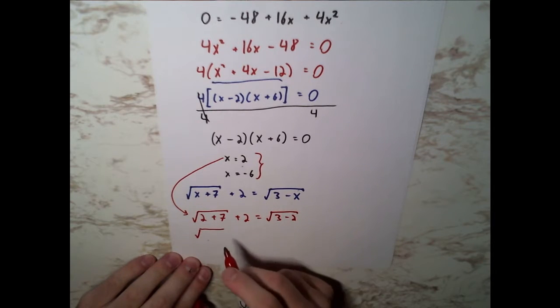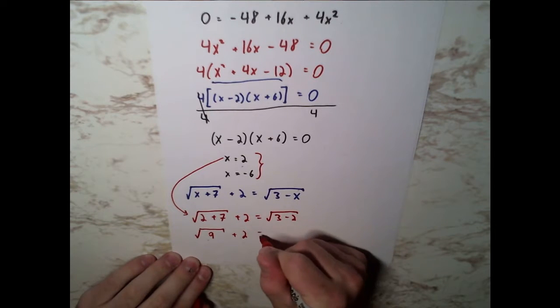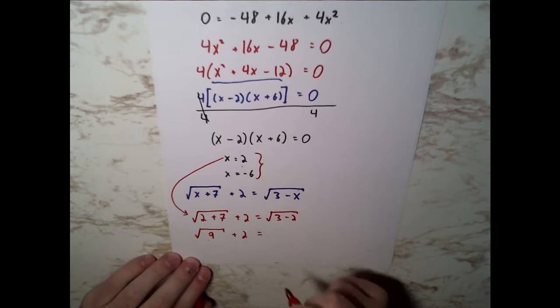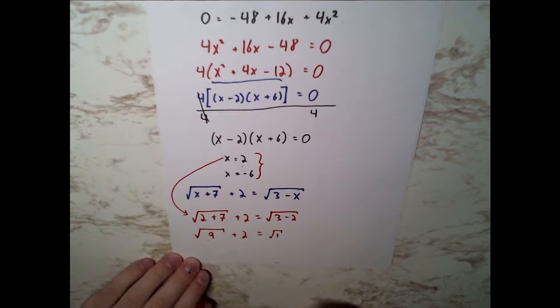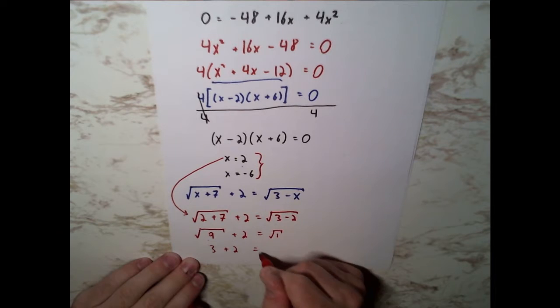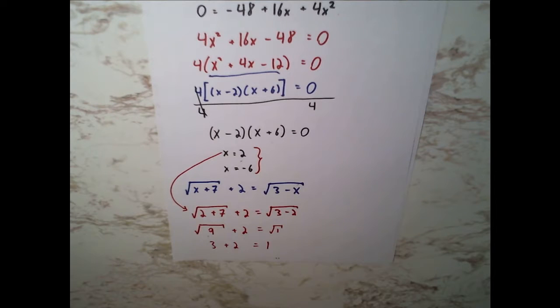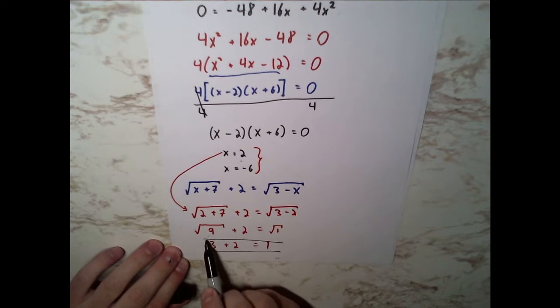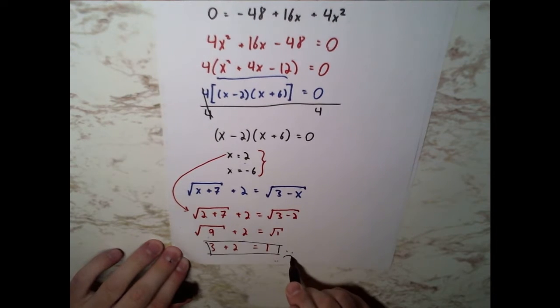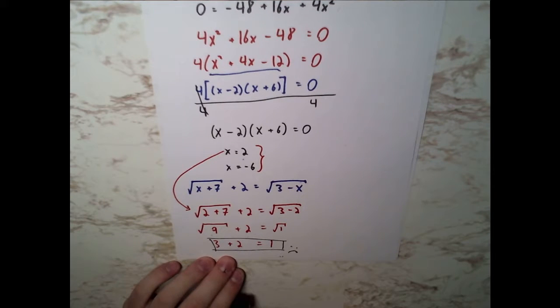This is going to be the square root of 9 plus 2 equals 3 minus 2 is 1, the square root of 1. We'll simplify this a little bit more. Square root of 9 is 3, so we have 3 plus 2 equals the square root of 1 is 1. And stopping at this point, we already know that 3 plus 2 does not equal 1. So for that reason, 2 is not a solution.